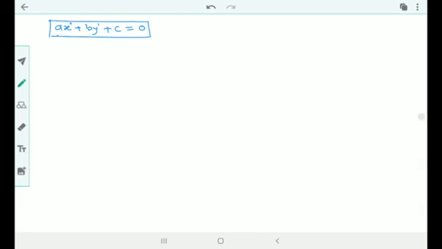Whereas system of linear equations can be written in standard form in this manner: a1x plus b1y plus c1 is equal to 0 and a2x plus b2y plus c2 is equal to 0.